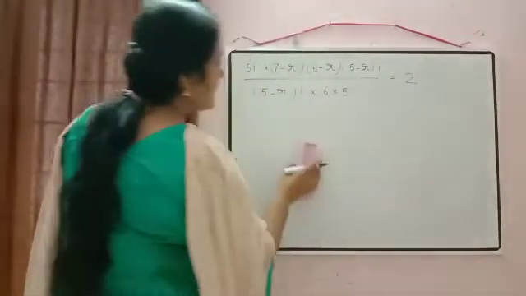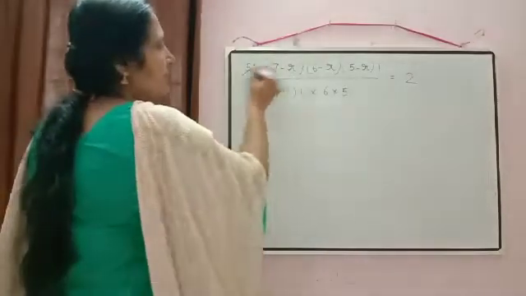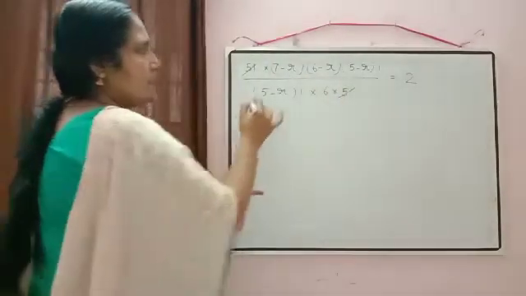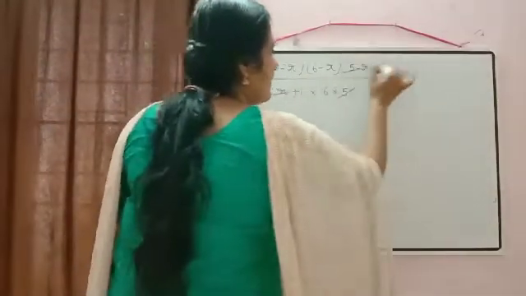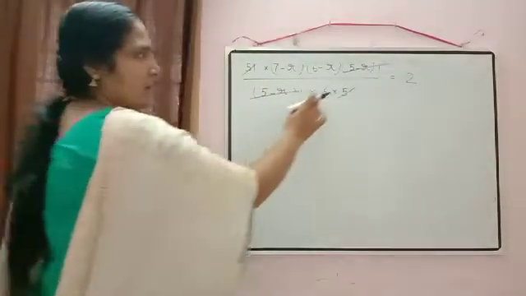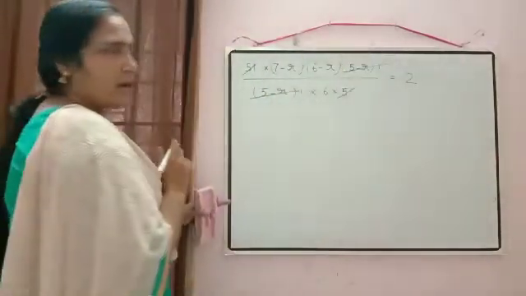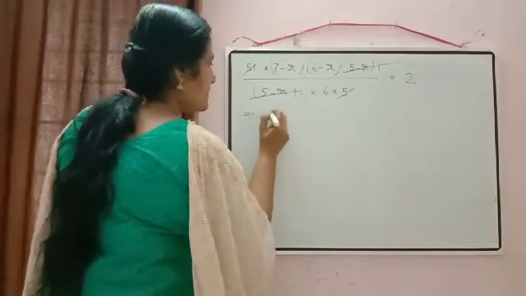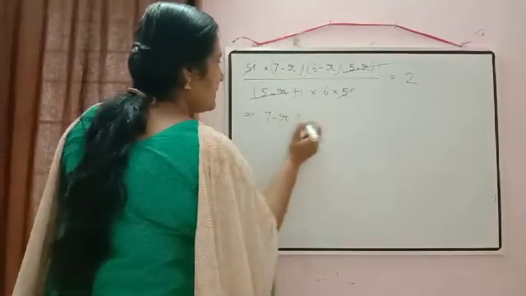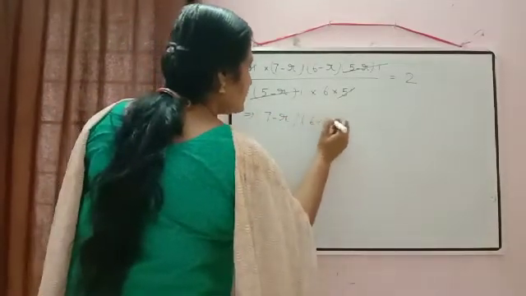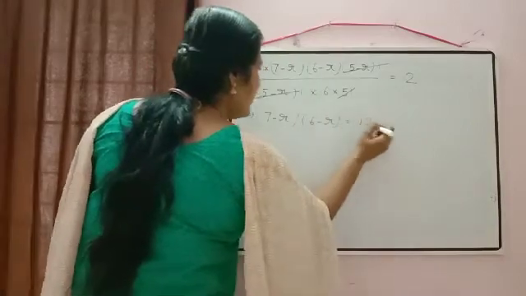Now what will get cancelled here? 5 factorial cancelled. 5 minus r factorial also will get cancelled. Now 6 we can shift to the right hand side. What is remaining here? 7 minus r into 6 minus r is equal to 12.